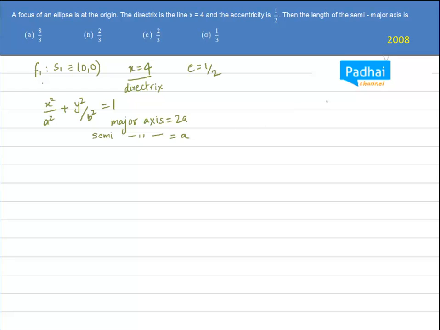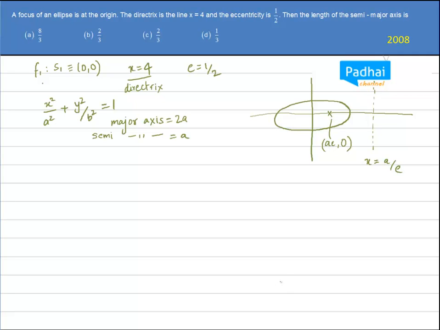Now let us draw the ellipse first of all to understand the equation. This is the ellipse, and these are the axes. This is the directrix, and in the case of an ellipse we know that the equation of the directrix is a by e. And this focus would be (ae, 0).